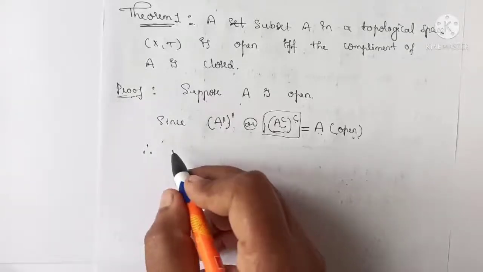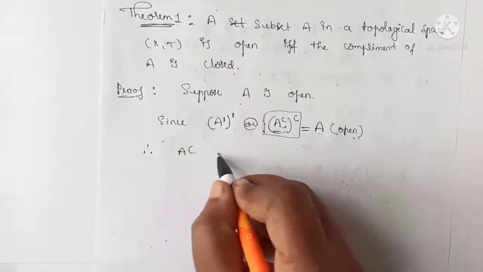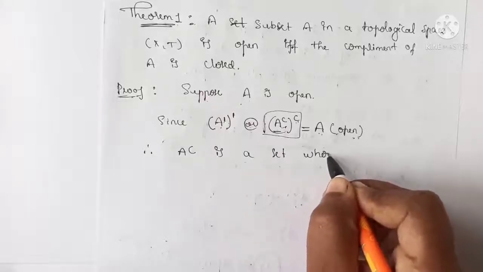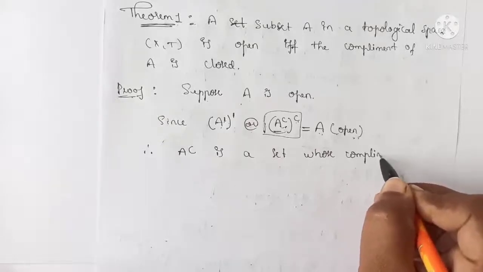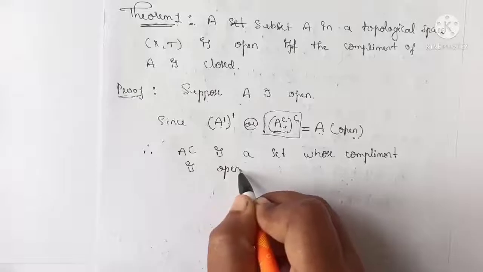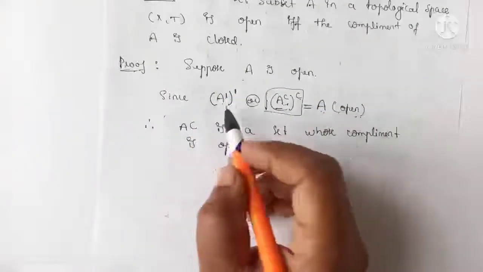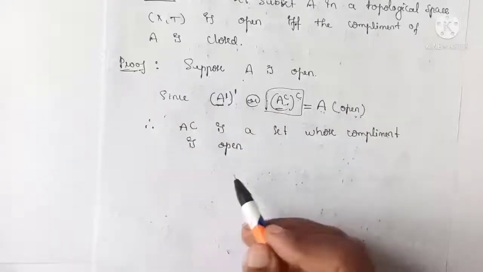So therefore we can say that A complement is a set whose complement is open. Here we are getting A double dash is open, means the complement of this A dash is open.